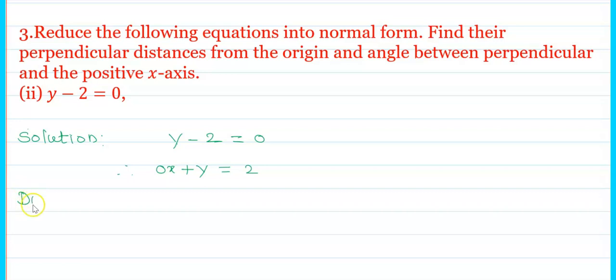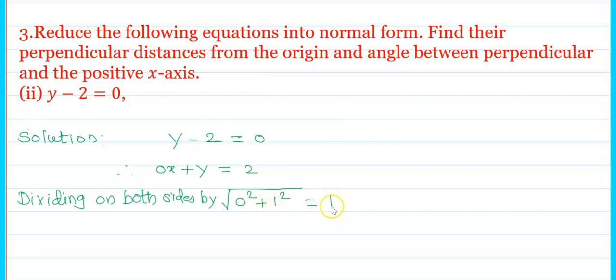Dividing on both sides by the square root of 0 squared plus 1 squared, which equals 1, it can be written as 0 upon 1 x plus 1 upon 1 y equals 2 upon 2, that is 2.